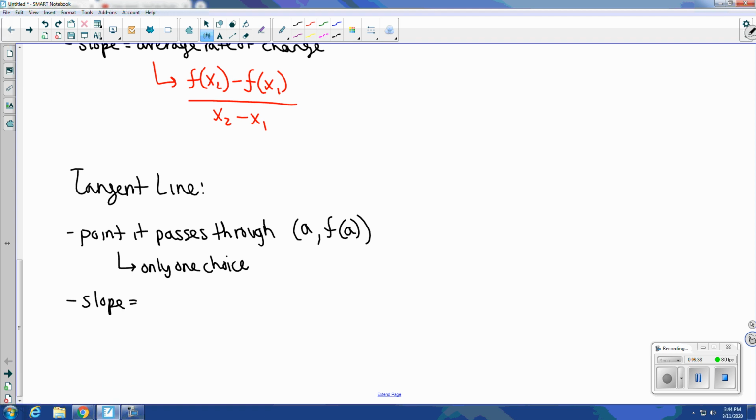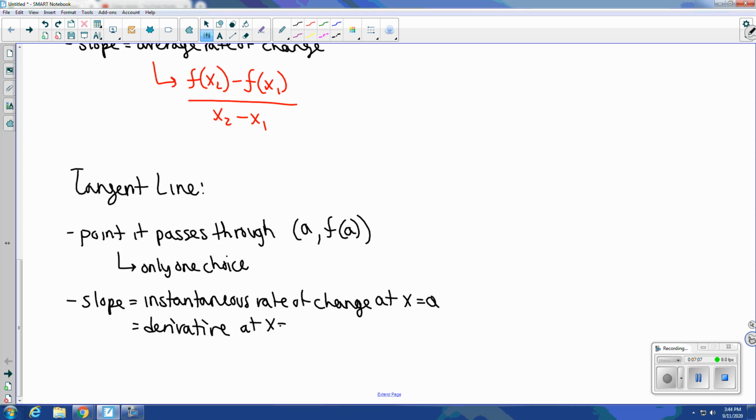Now, the slope for a tangent line is going to be the instantaneous rate of change at that point, at x equals a, or the other interpretation, the derivative. We said the derivative is synonymous with instantaneous rate of change, and it's also synonymous with the slope of a tangent line at a point, so the derivative at x equals a.